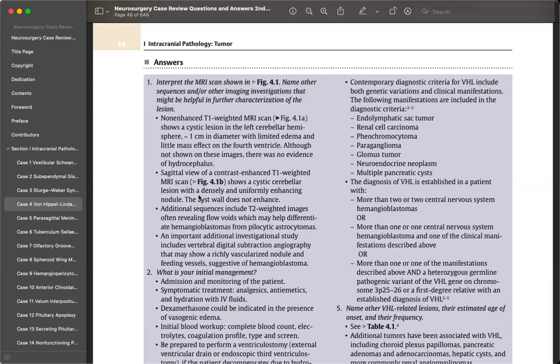So either of those, and then he has a first-degree relative that has an established diagnosis of VHL, or a gene test assay shows that the patient has a heterozygous germline pathogenic variant of VHL gene on chromosome 3p25-26. Or if the patient has a CNS tumor and any of the aforementioned lesions, or the patient has 2 CNS hemangioblastomas. So essentially, that's the diagnostic criteria.